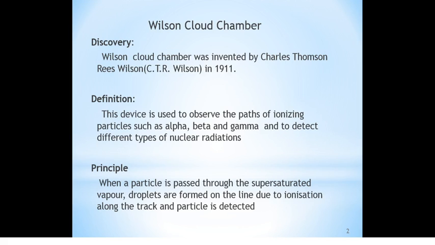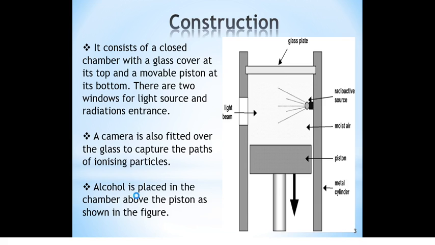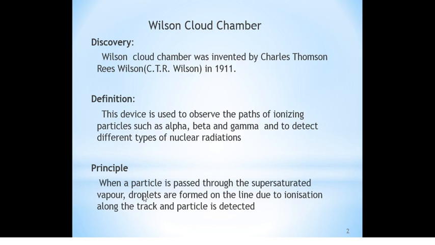Now, what is the principle behind this cloud chamber? When a particle is passed through the supersaturated vapor, droplets are formed on the line due to the ionization along the track and the particle is detected.